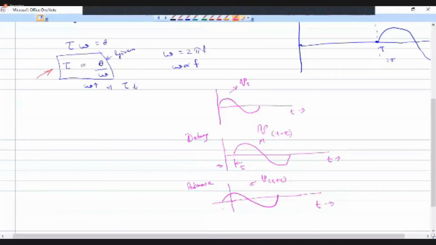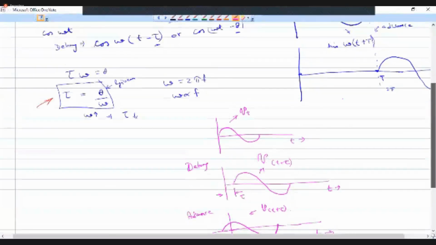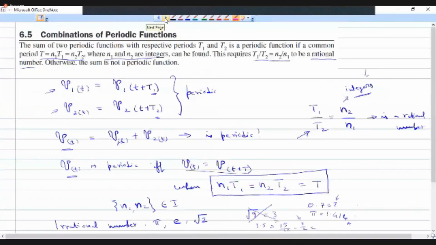So it will be advancing by an amount equal to tau. The same thing you can visualize in terms of angle also. So that is what we have tried to explain here. When I shift by an angle theta, the time advance is tau, then you can convert it by the relationship tau is equal to theta by omega. So that is what we have done here.